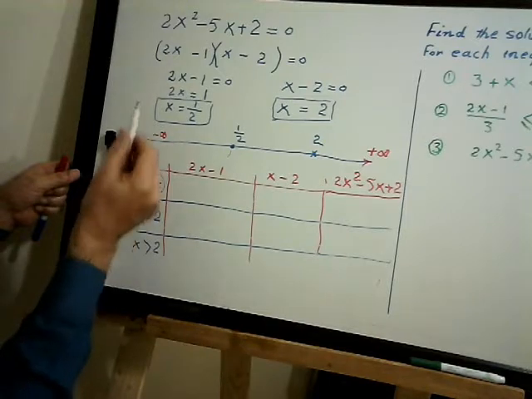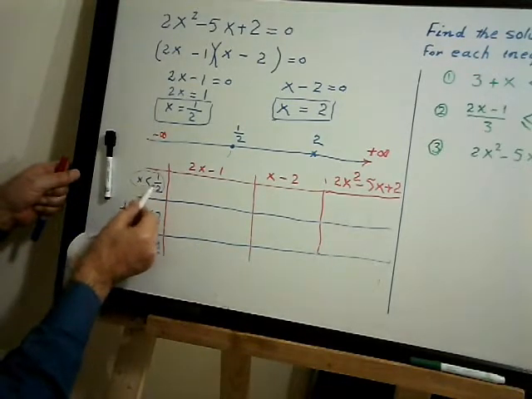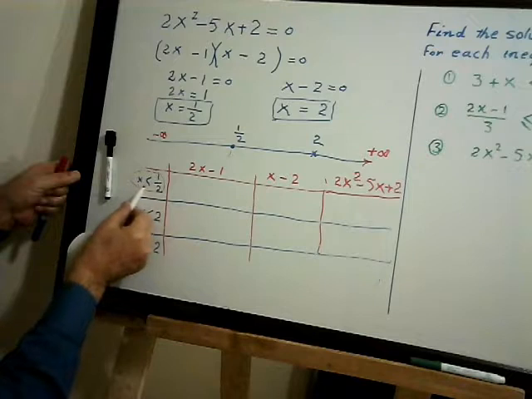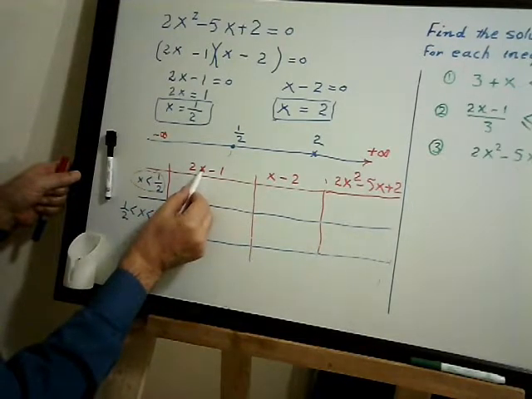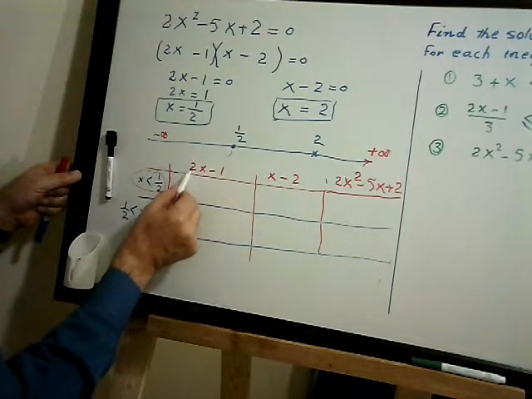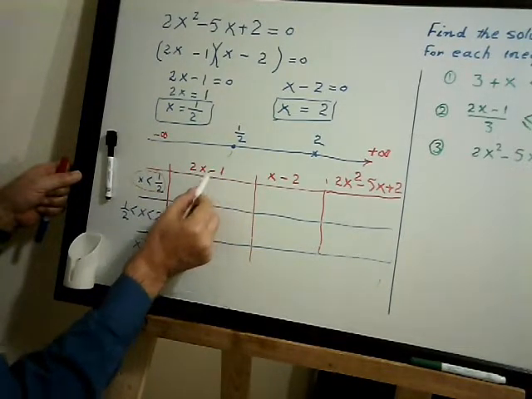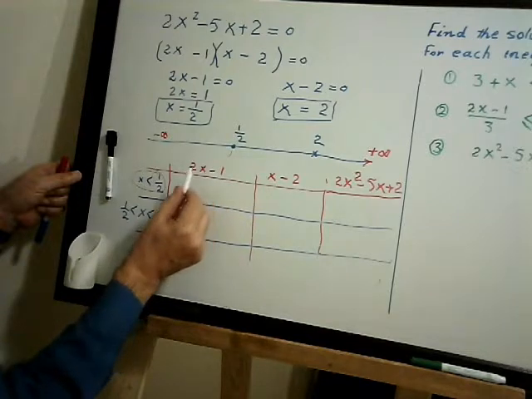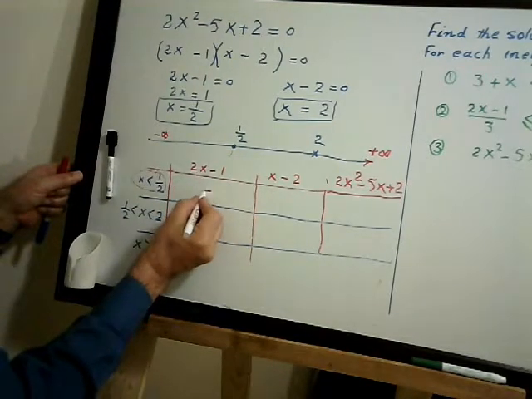Here let me try with 0. 0 is in this interval. So by putting 0 instead of x here, 0 minus 1 means negative. So here is negative.